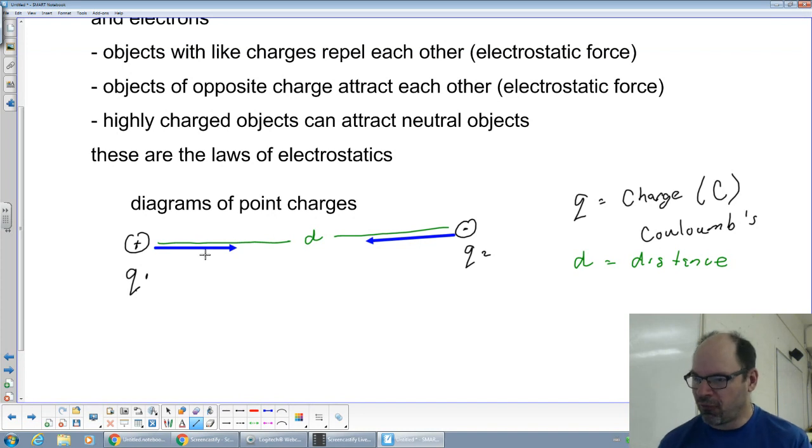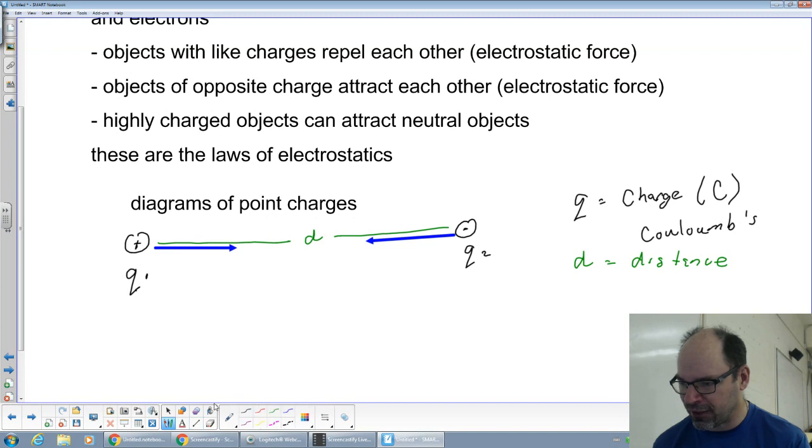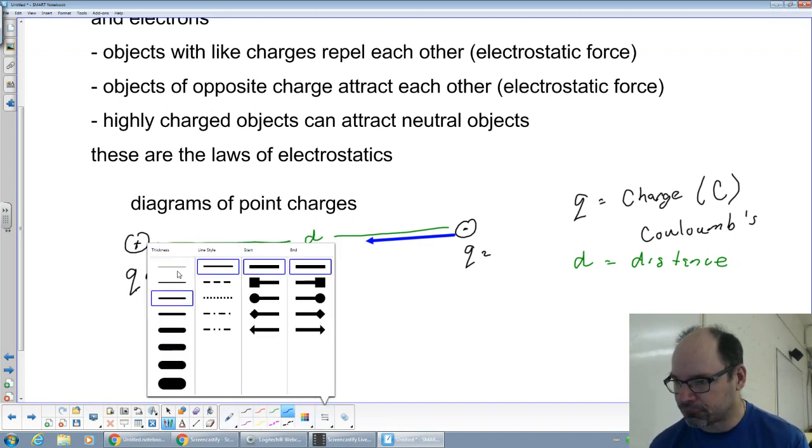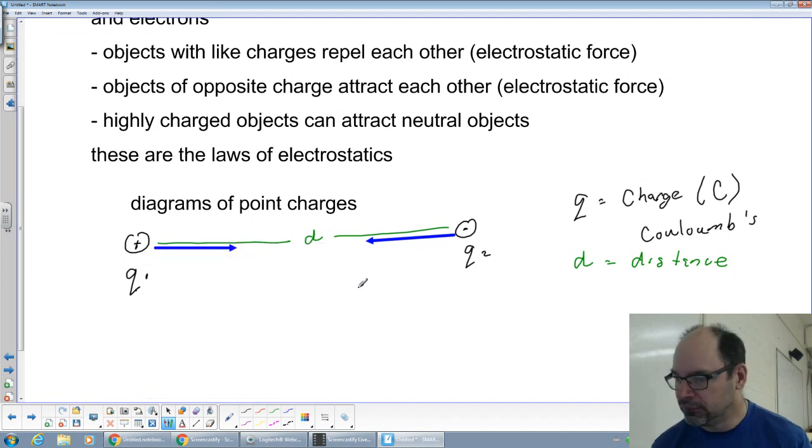Now this is the force of object. This line here, the positive, is causing this attraction line. If we're labeling it correctly, this one's going to be the force of object 1 on 2.